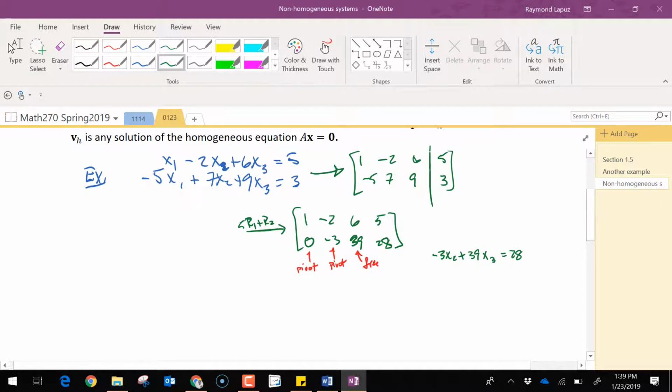And then I need to solve for x2. I know my x3 is free. So I need to find x2 and x1 so I can create my solution. So x2 is going to be 28 divided by negative 3 minus, plus, whoa, minus what?